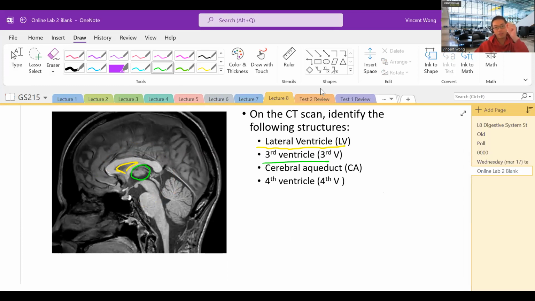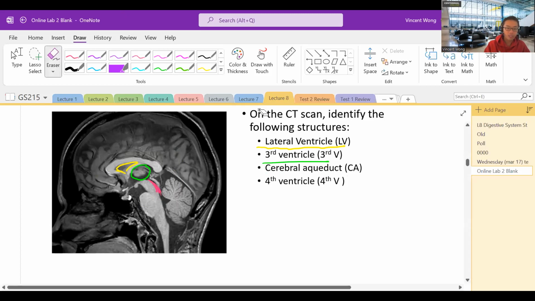Right? It's like, you know, you have a thalamus here and a thalamus here, and the gap between it, right? That's where your third ventricle is going to be. Cerebral aqueduct right here, right, which connects the third to the fourth. The fourth is a triangle, right?